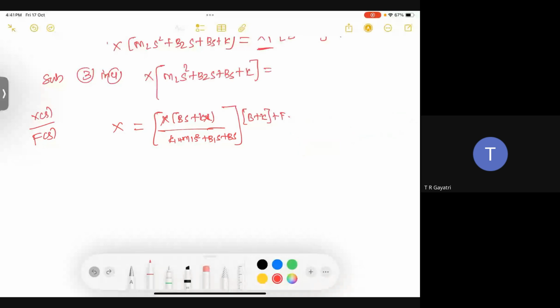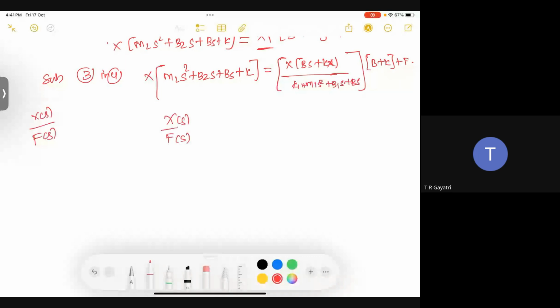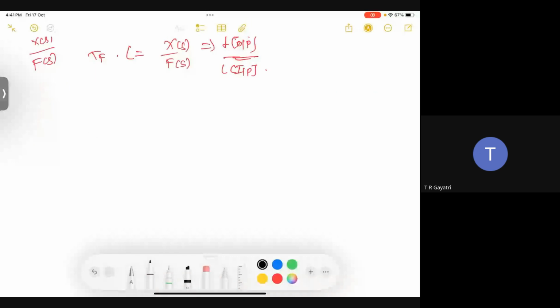If we write it in terms of this, we will get the Laplace transform. Sorry, the transfer function. It will be Laplace of output by Laplace of input, and it's already a transfer function because we assumed zero initial conditions.